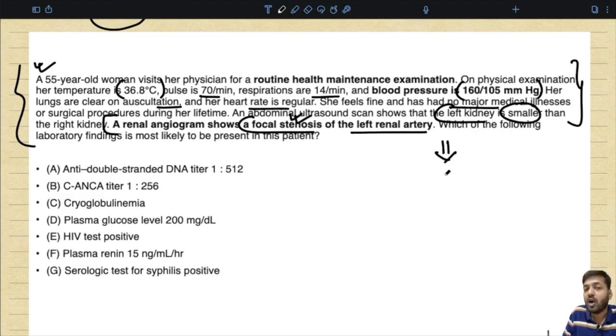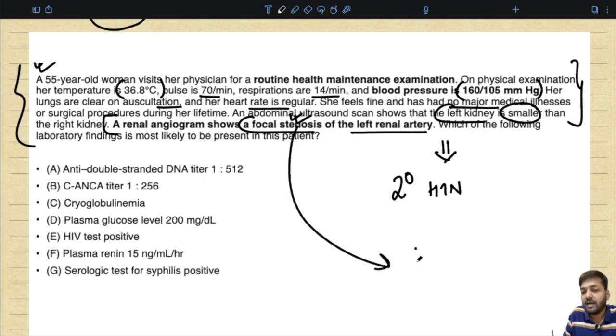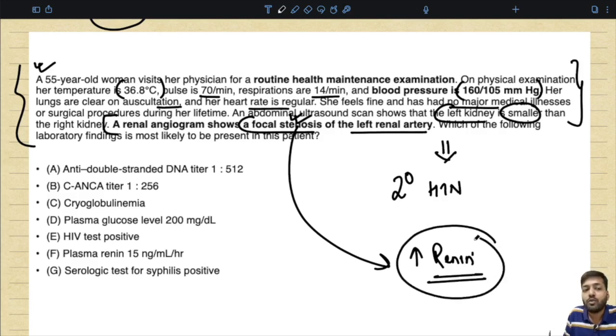So it is mainly a case of secondary hypertension, because it is secondary to stenosis of the left renal artery, and whenever there is stenosis, as we have seen, there will be an increase in the amount of plasma renin secondary to the reduction in the flow of blood to the afferent arteriole. Okay, so the level of renin is going to increase. The normal plasma renin level ranges from 0.5 to around 5 nanogram per ml per hour.